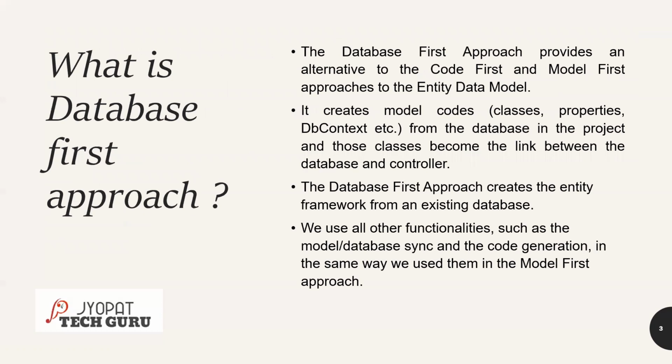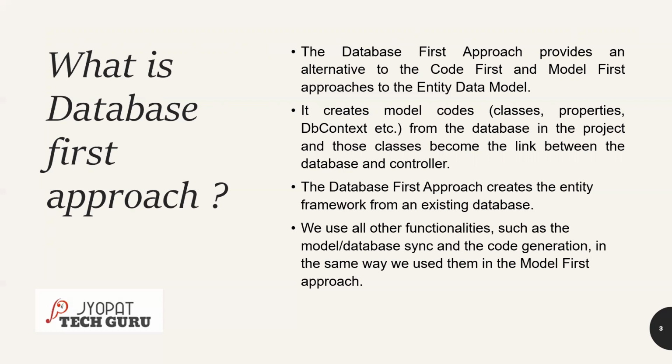So what exactly is this database first approach? The database first approach provides an alternative to the code first and model first approaches to the entity data model. It creates model code from the database in the project, and those classes become the link between the database and controller. So whatever SQL Server tables are there get connected with the classes generated in the project.